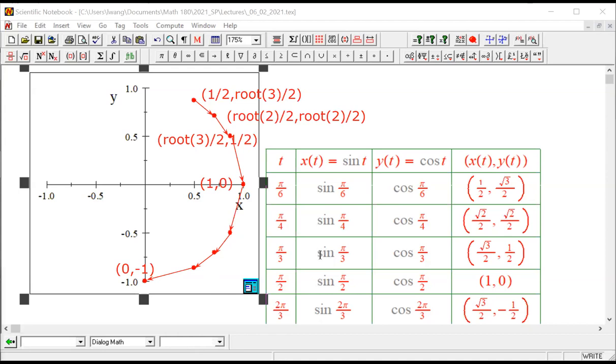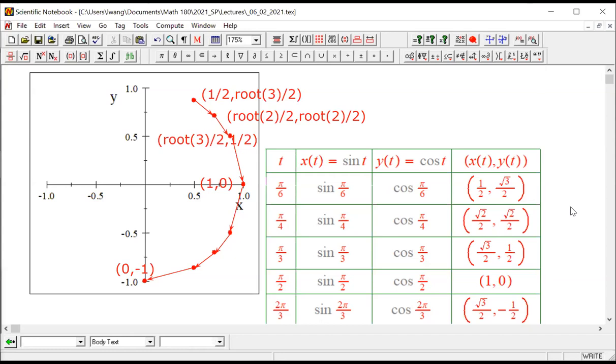You mark all the points we have plotted. I cannot move right now because if I move, everything is messed up. So you just mark the points. It looks like we're getting a circle, right? Because you see these two numbers, they're on the unit circle.